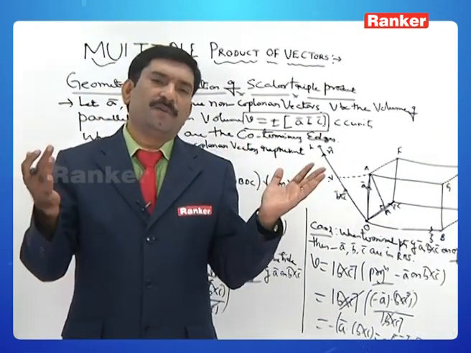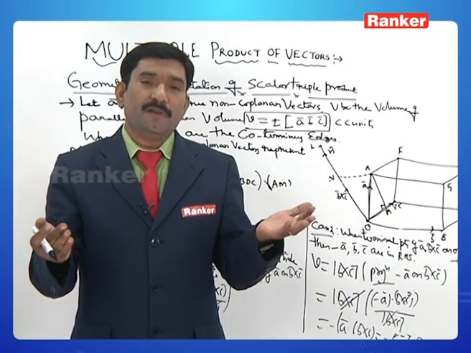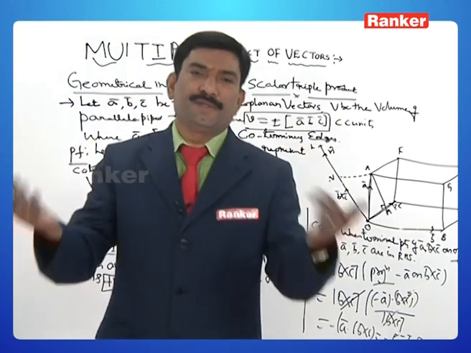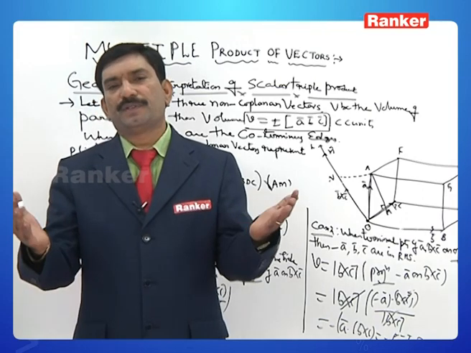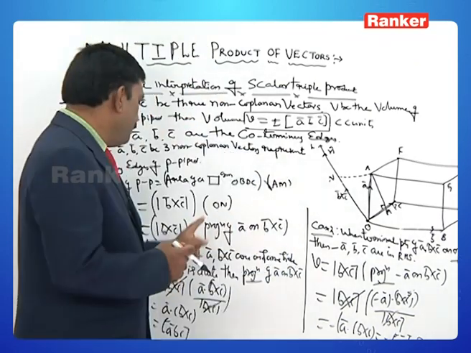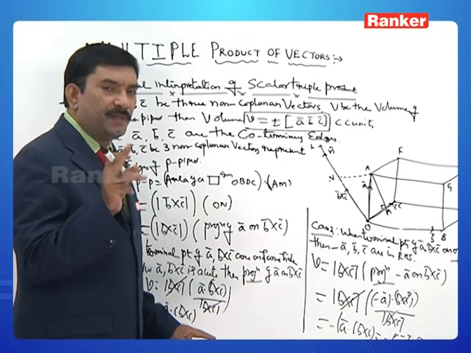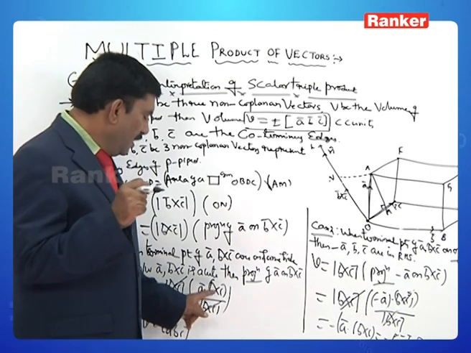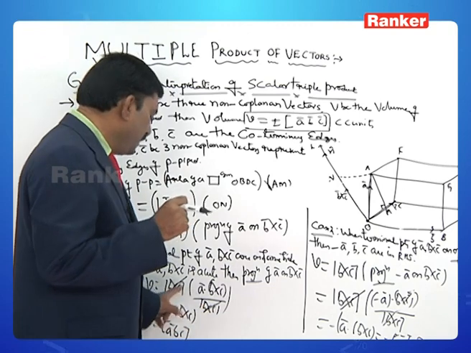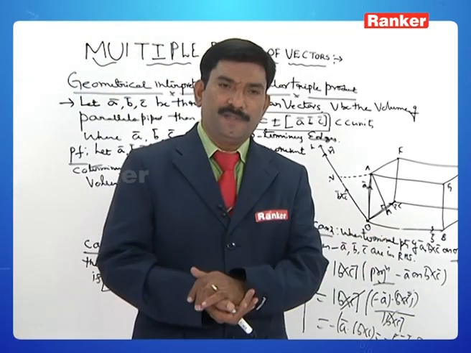Therefore, the angle between A bar and N cap, which is the same as the angle between A bar and B cross C, will be acute. Therefore, the projection is positive. Then I can write modulus of B cross C into, by using the definition of scalar projection, A bar dot B cross C by modulus of B cross C. Now this and this get cancelled, A dot B cross C. Nevertheless, V is equal to box of ABC.